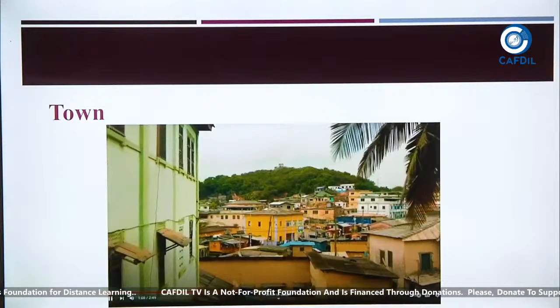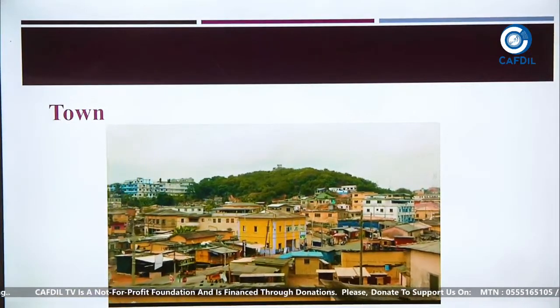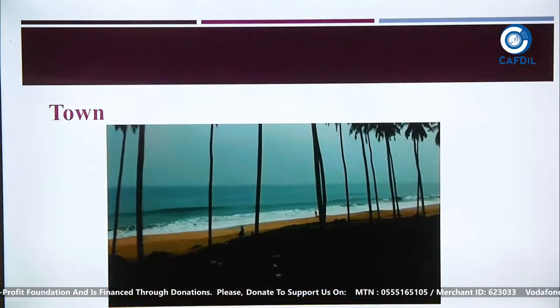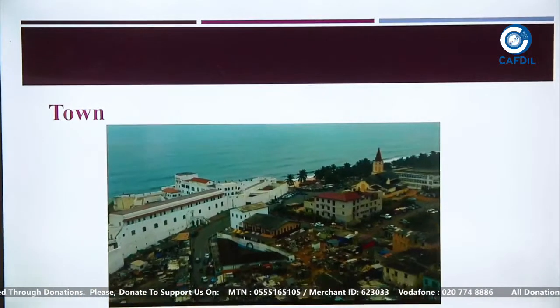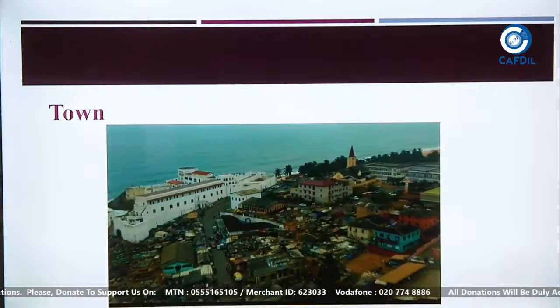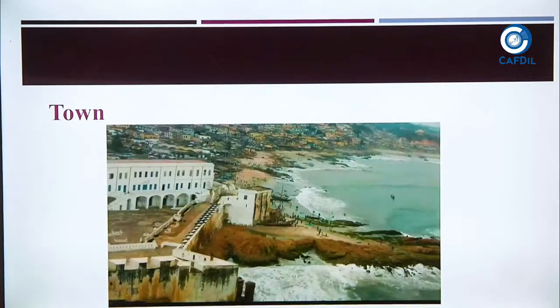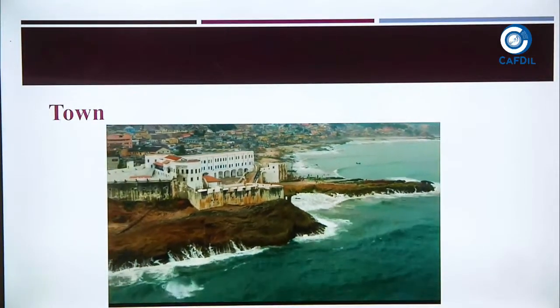In the town, you will not find many tall buildings. Some of the roads are bad, some are good. And there are not too many people in a town, unlike a city.